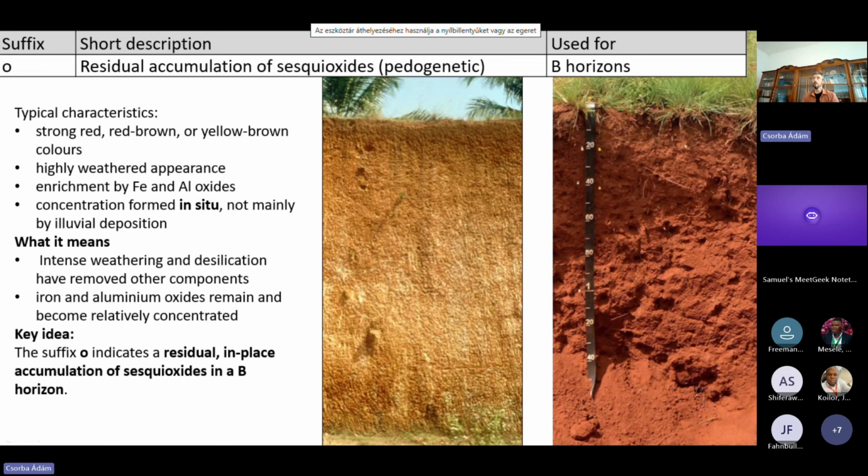This is usually the result of intense weathering and the accumulation, enrichment in iron and aluminium oxides.